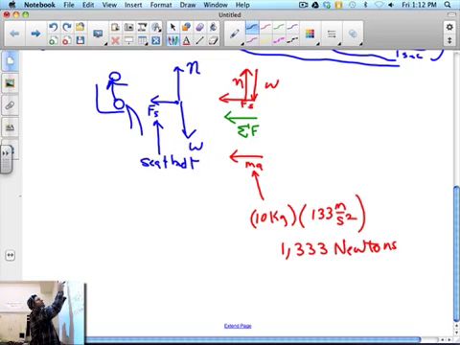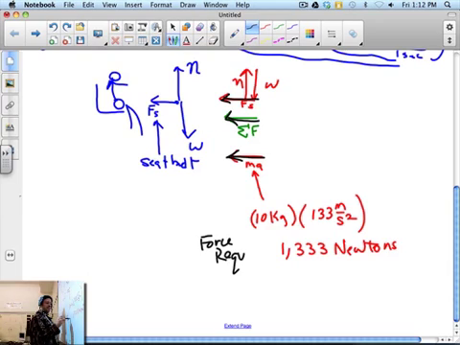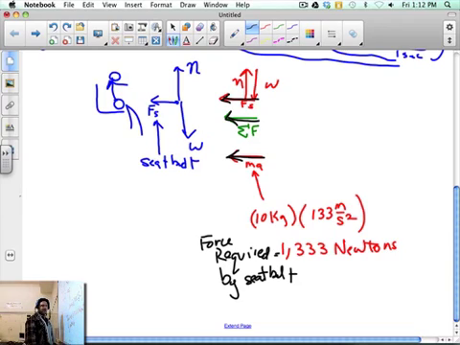All of these vectors here happen to be the same length. Our force due to seatbelt, our net force, and our MA vector are all the same length. So the force required by the seatbelt would be about like that. It would be about 1333 newtons.